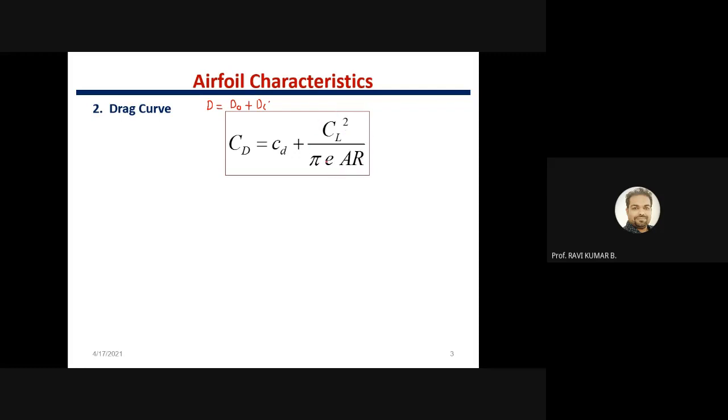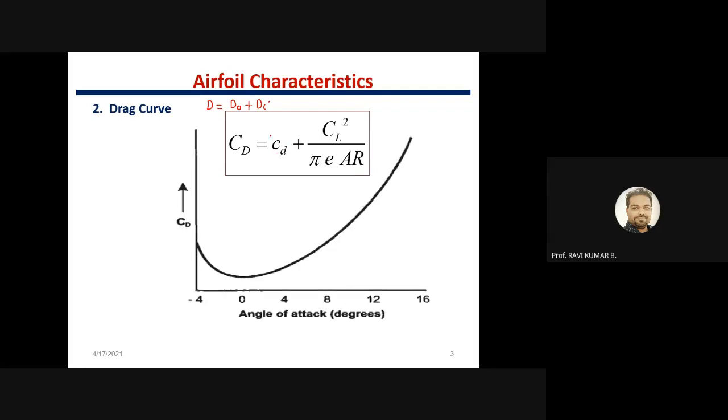If your airfoil is just standing on the ground and you were blowing air over it, until it is not getting fully airborne, you will have only profile drag. So if you draw that, the CD versus angle of attack variation will be something like this.